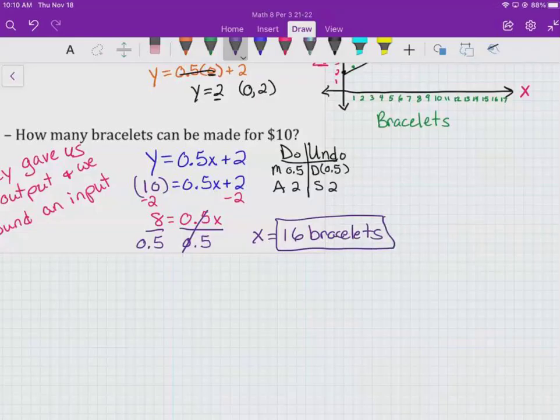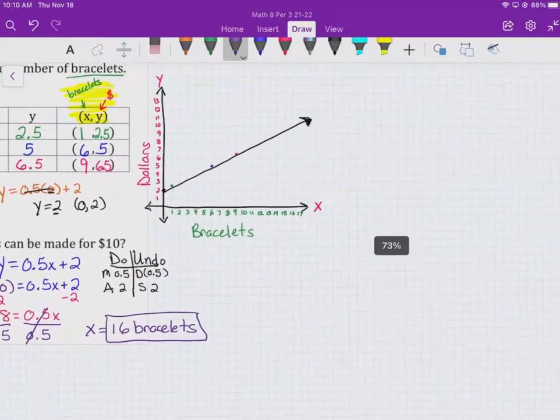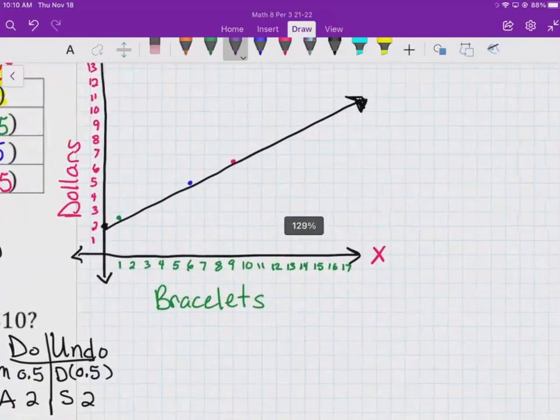Okay, check step. Watch this. If our output was 10, which is what they asked us to find, and we plugged in 10, what did we get for our input? Well, our answer said we were at 16. 16 bracelets for $10. Let's go see how close we got.